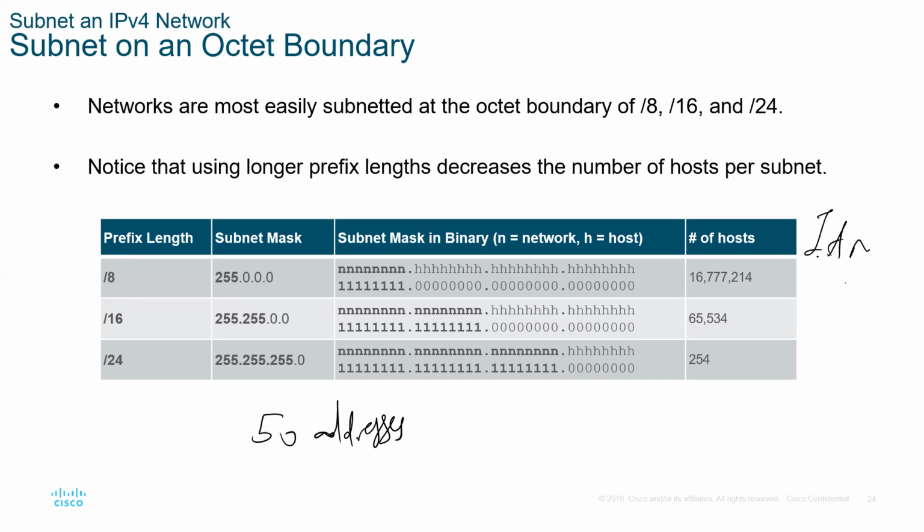They came from IANA to the RIRs to your internet service providers. Where they come from, you have to pay for those addresses. So if you buy this many addresses, when you want to use 50 addresses only, you buy 16 million. It does not make sense. So it's very important to understand that early.